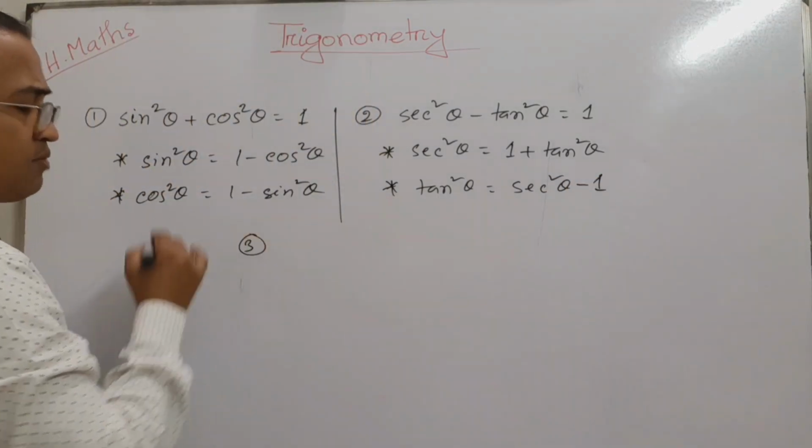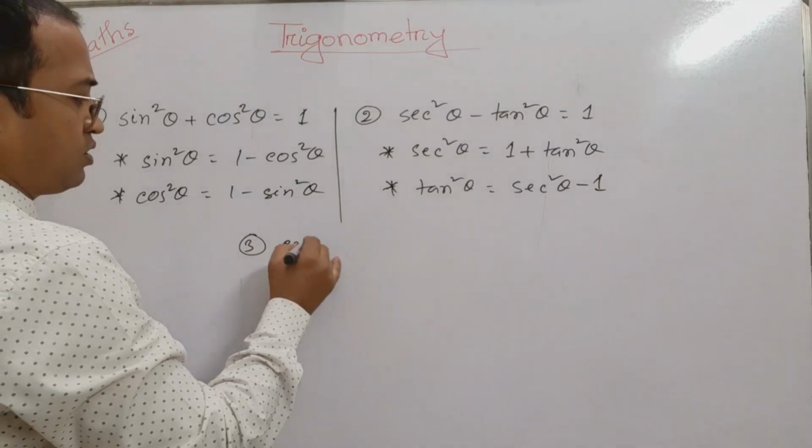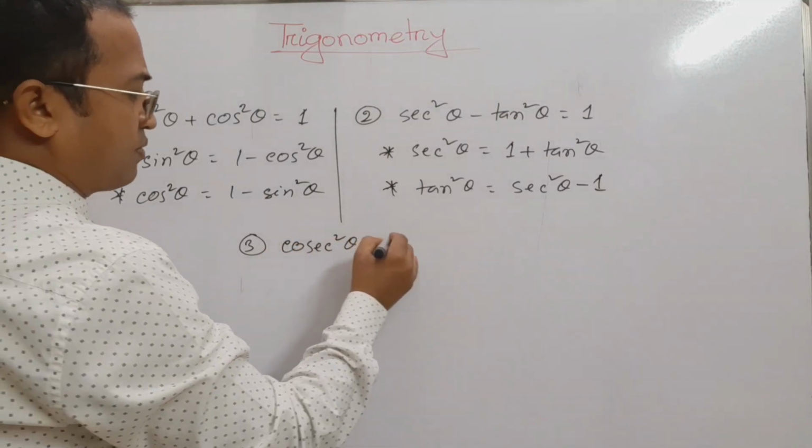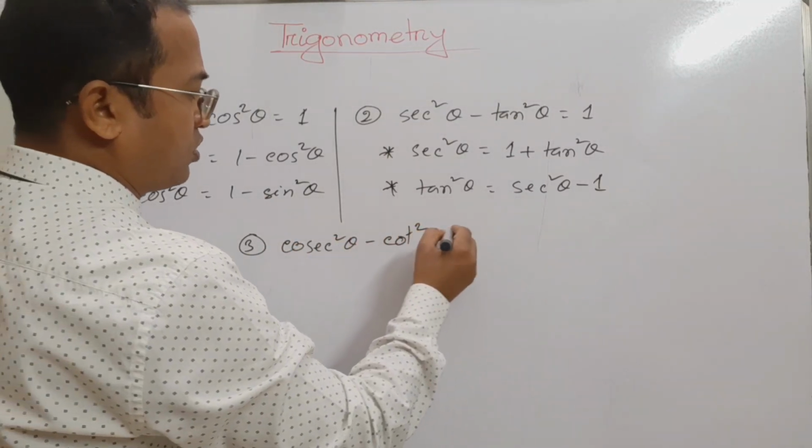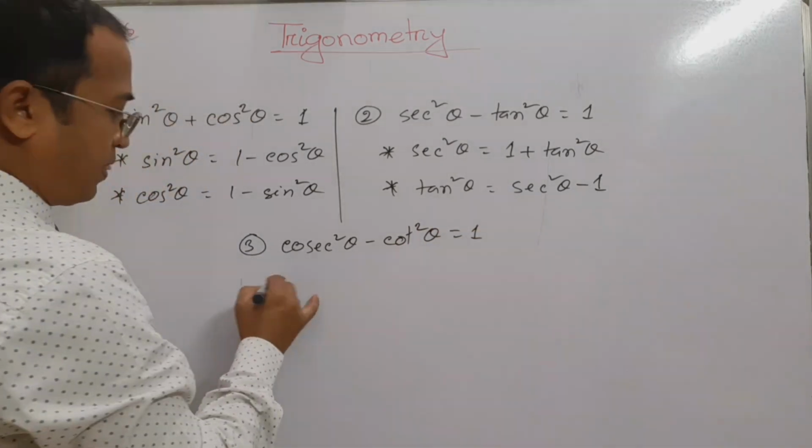Now the third identity, that is cosec square theta minus cot square theta equal to 1.